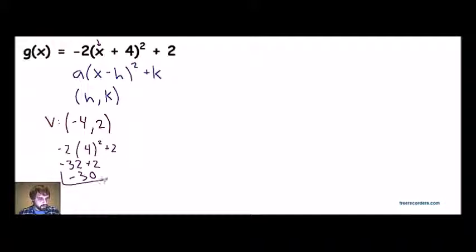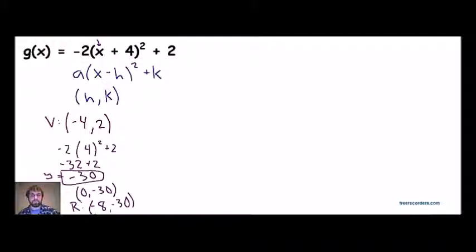Awesome. There's my y-intercept at 0, negative 30. I have a vertex. Let's find that reflection point. The reflection point, we were 4 units away, so we're going to go all the way out now to negative 8, negative 30. Sweet, we've got 3 points.